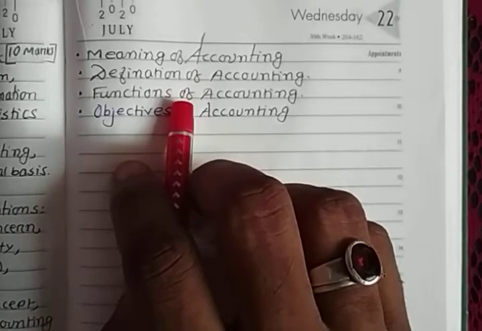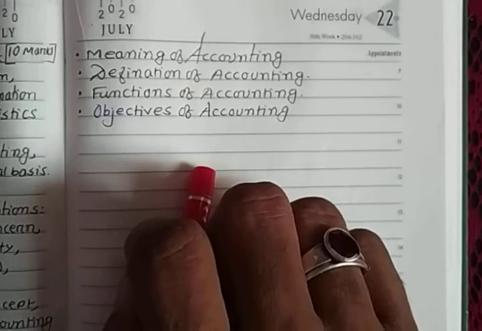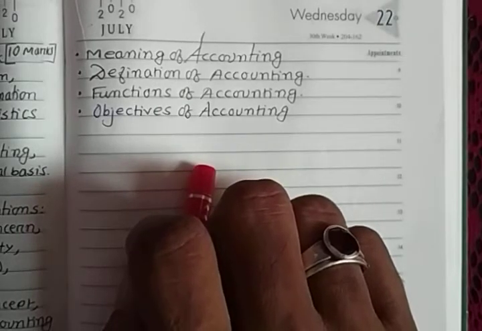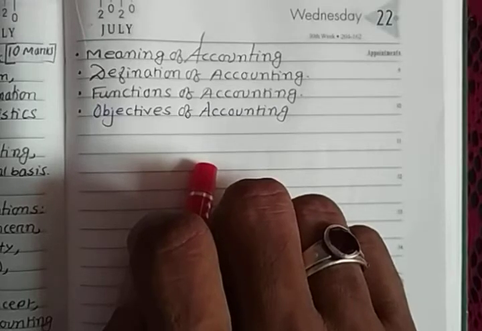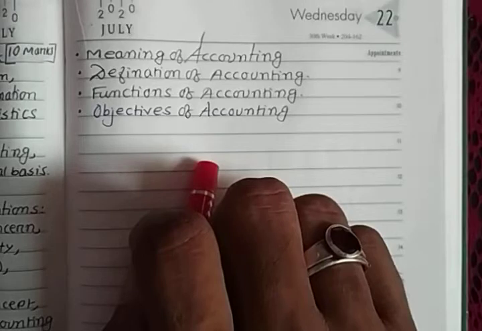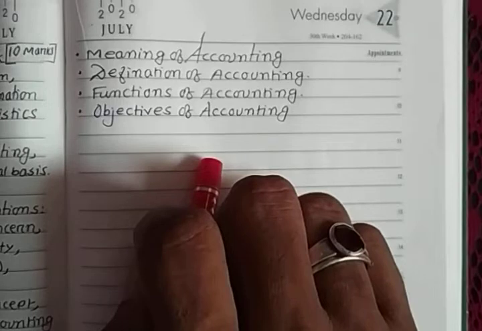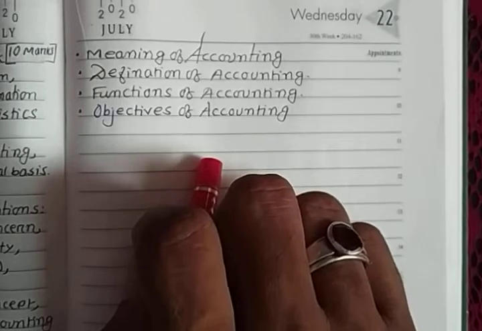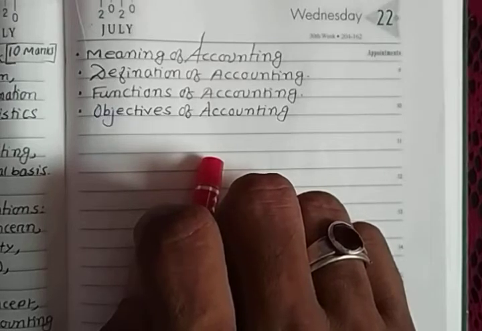It is necessary that the recorded transactions are collected, classified and summarized. This work is done by accounting. After identifying the financial transactions through the basic accounting process, they are recorded properly in a systematic manner in the books. So students, accounting is a systematic process of identifying, recording, measuring, classifying, verifying, summarizing, interpreting and communicating financial information.